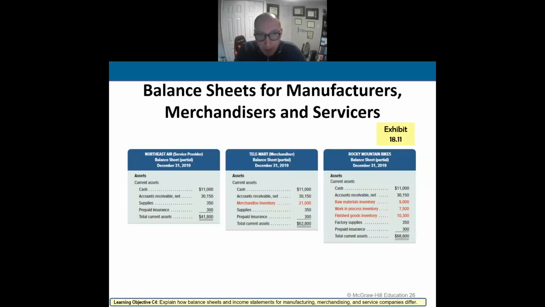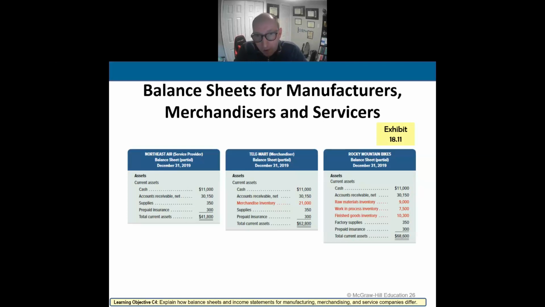A retailer has cash, accounts receivable, inventory, merchandise inventory, supplies, prepaid insurance, etc. For a manufacturer, we have cash, accounts receivable, raw materials inventory, work in process inventory, and finished goods inventory. And then we have supplies, insurance, etc.